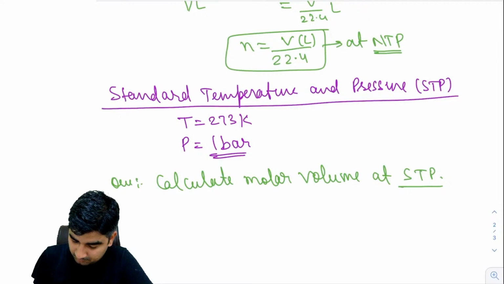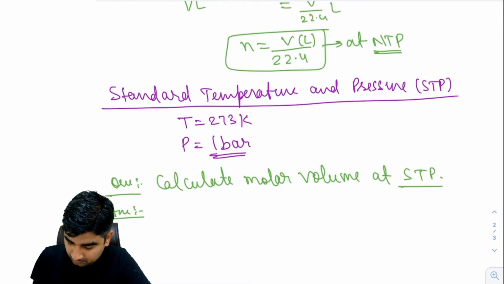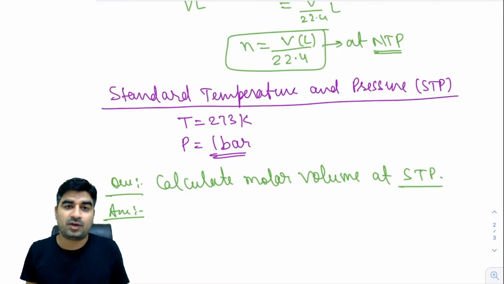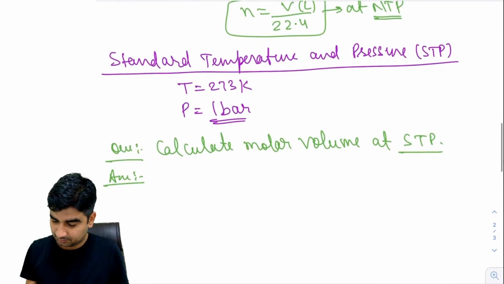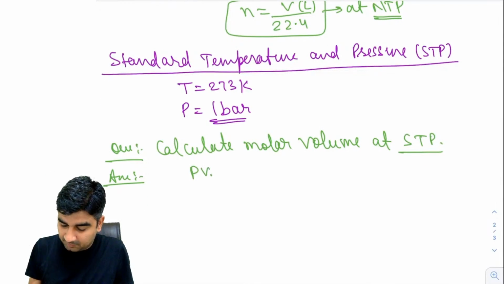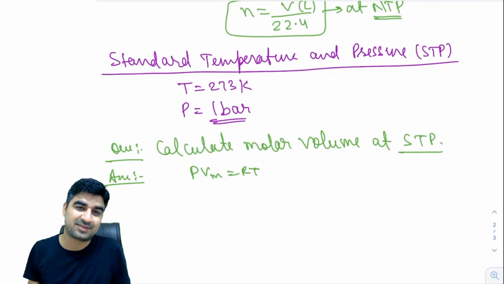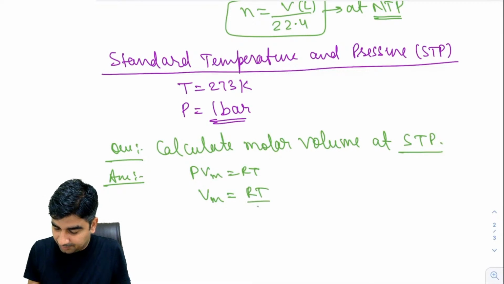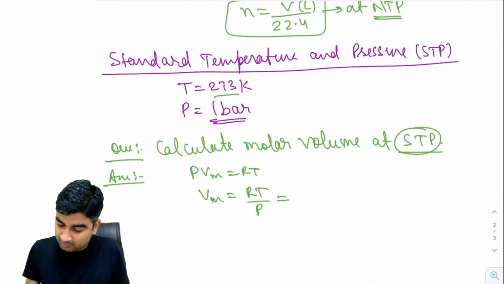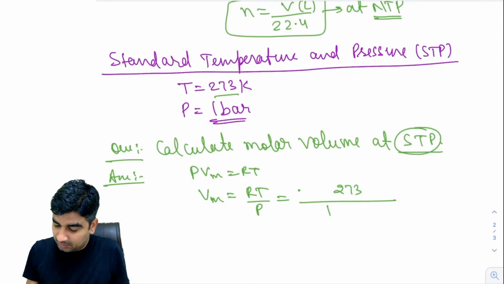So how are we going to do it? Calculate molar volume at STP. Again, PVM is equal to RT. No, it's wrong. VM will be RT by P. So now you know at STP temperature is 273 Kelvin and pressure P is 1 bar.